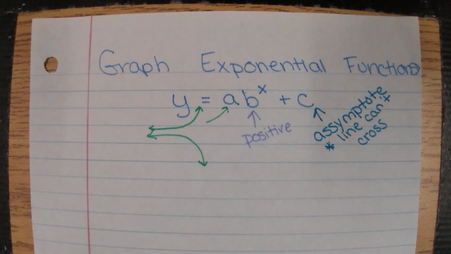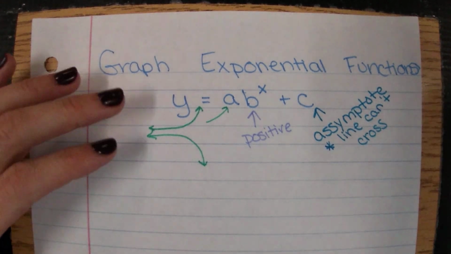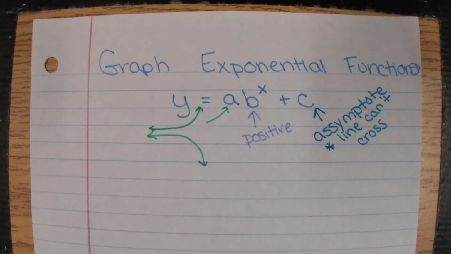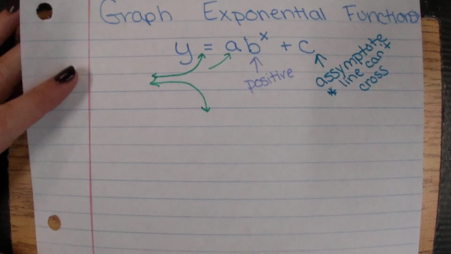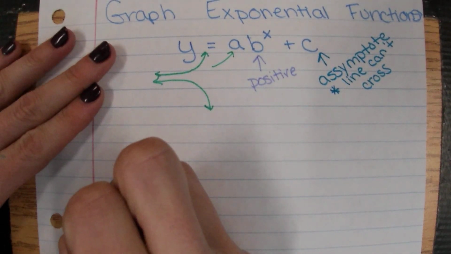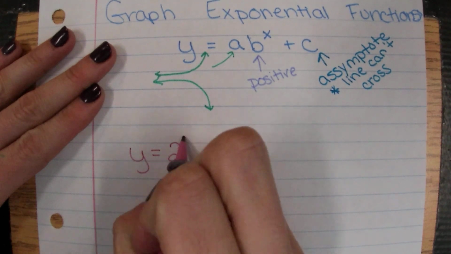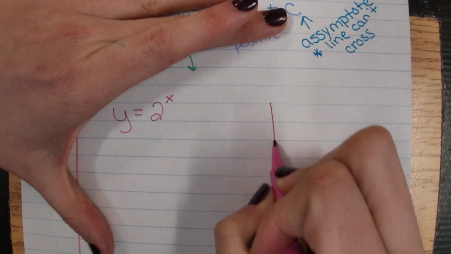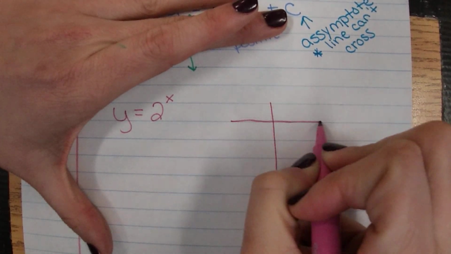Now, those might all seem like big terms, but the reality is we don't really have any other information for graphing these exponentials at this point, other than to just make a table and plug in some input and output values. So let's say that we want to graph y equals 2 to the x. This works for any function that we want to graph.